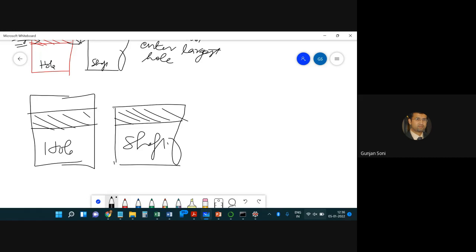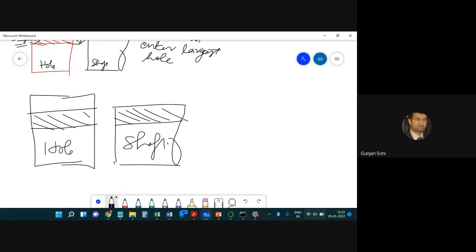So during manufacturing, this is what's happening. The dimensions may vary up and down, and sometimes your shaft diameter may be larger than the size of the hole, so you may get an interference fit.